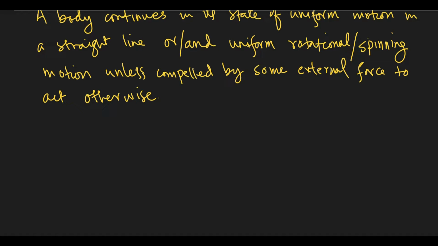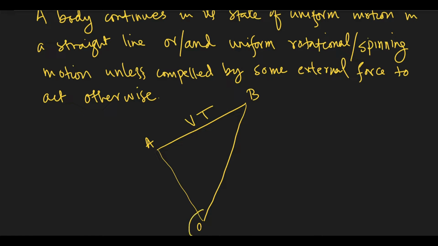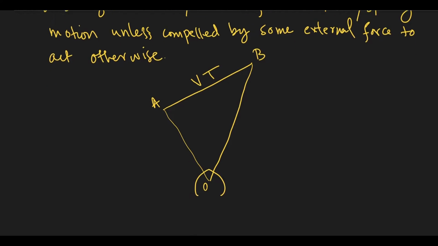Let's suppose a body is moving in uniform motion in a straight line from point A to point B and takes time t and travels distance vt in time t. Okay, let's describe this motion from a reference point O, or let's draw a gravitating mass.